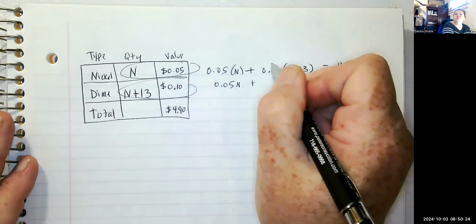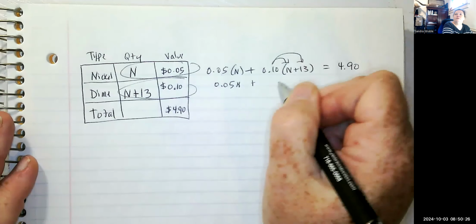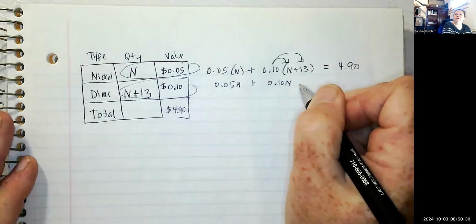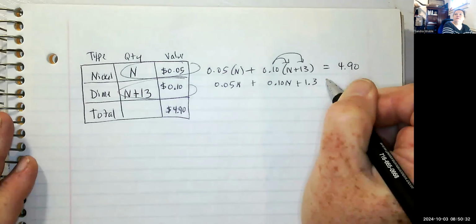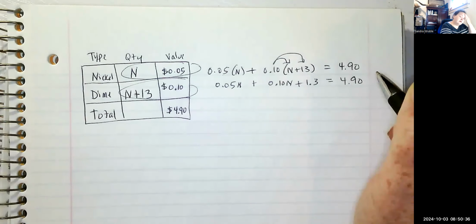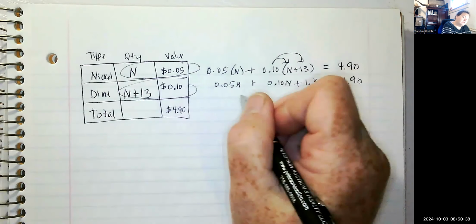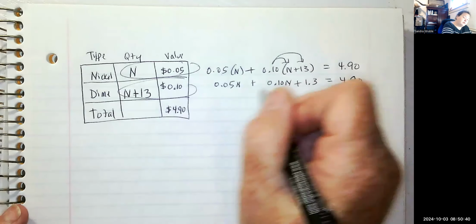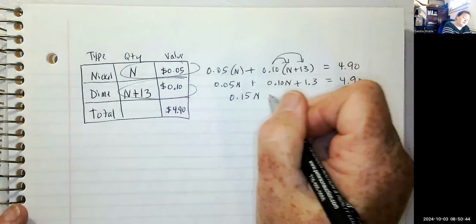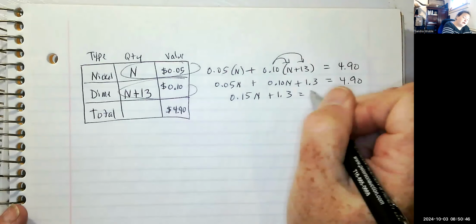We have to distribute, and 0.10 times 13 equals 1.3. Combine like terms on the left: 0.05 plus 0.10 is 0.15 N plus 1.3 is equal to 4.90.